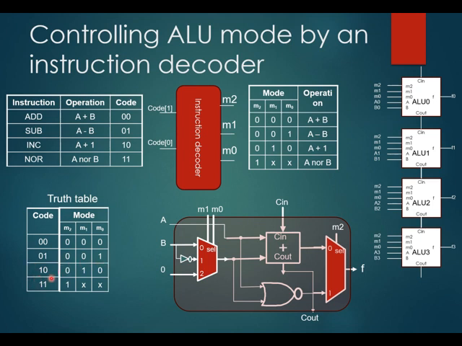When the instruction code is increment, you want the ALU to perform A+1. And when the instruction code is 11, you want the ALU to perform the NOR operation. So you have this truth table that represents the instruction decoder, and if you are asked to design until the end using Verilog, then you can use the case statement to code the truth table into Verilog.